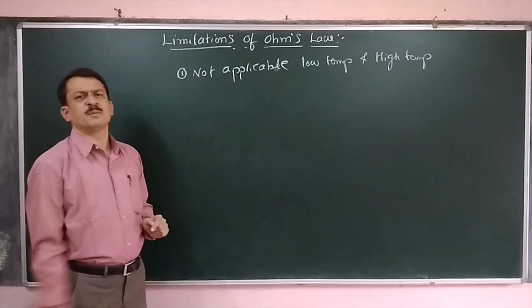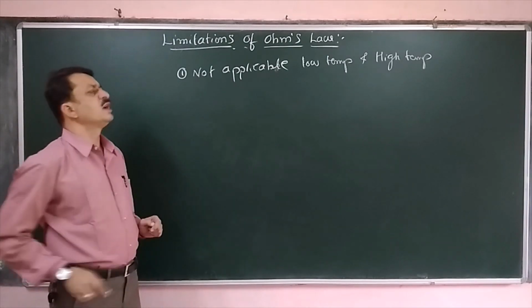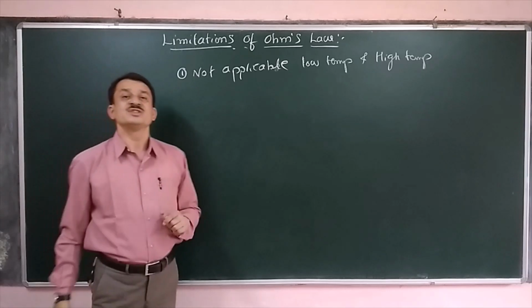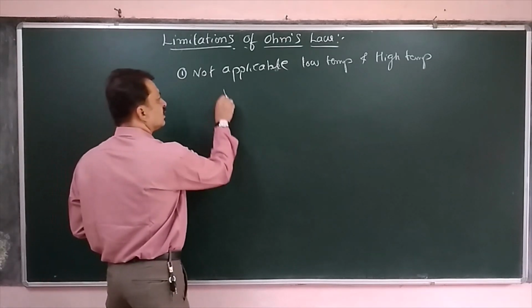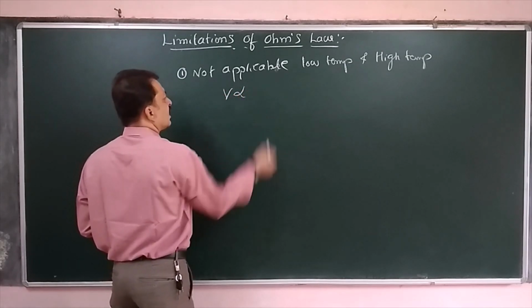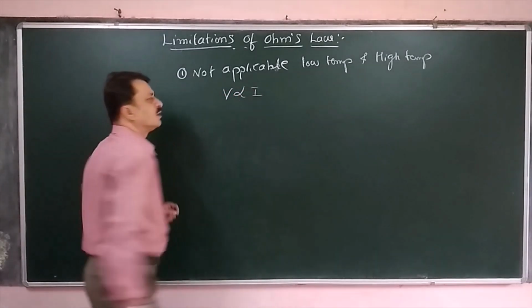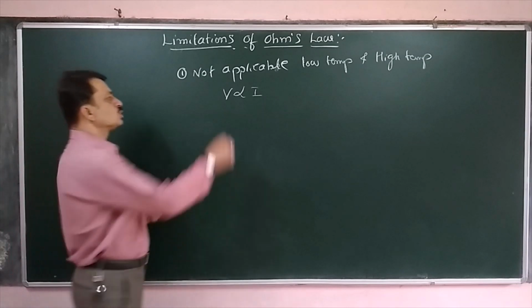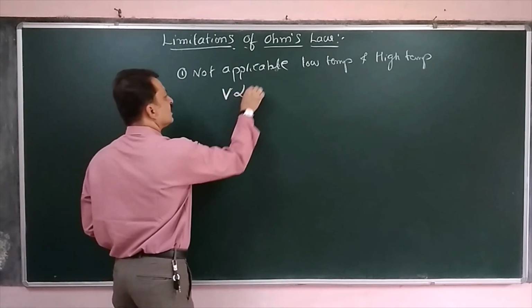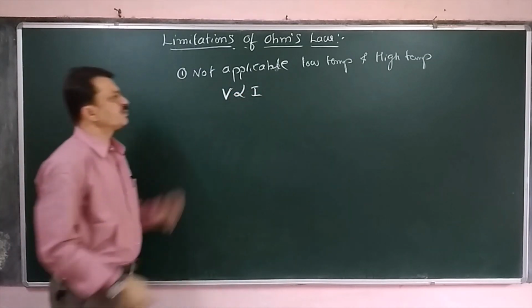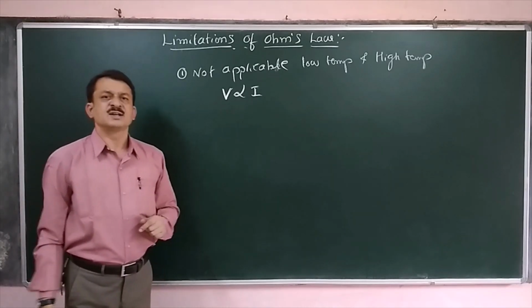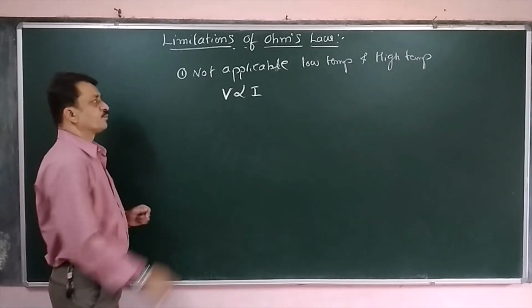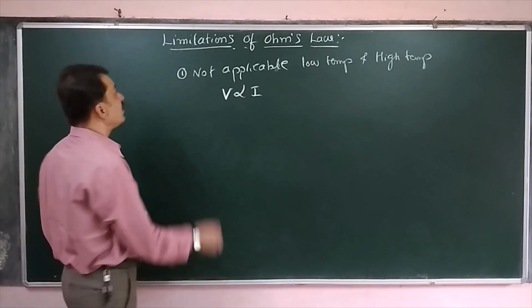It is only true in the case of a moderate range of temperature. The meaning is very simple. We know that voltage and current are directly proportional according to Ohm's law, V proportional to I. But at very low temperatures and very high temperatures, this proportionality does not hold good. That is the first limitation.